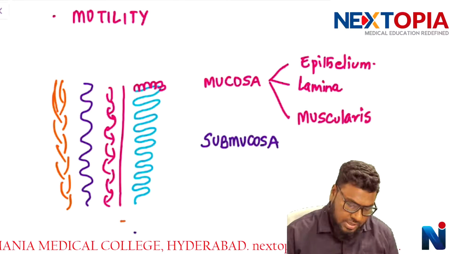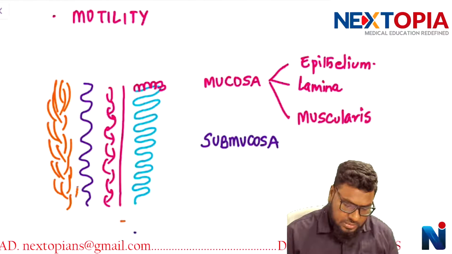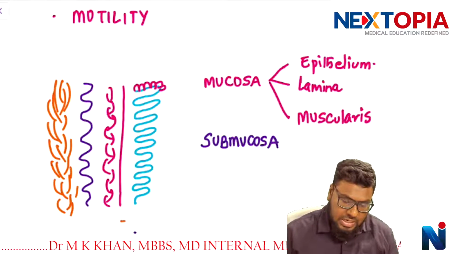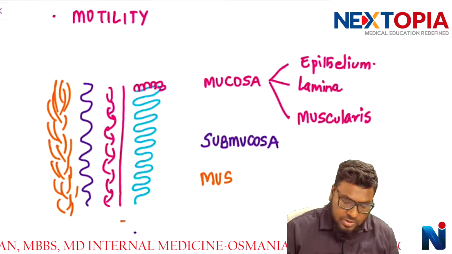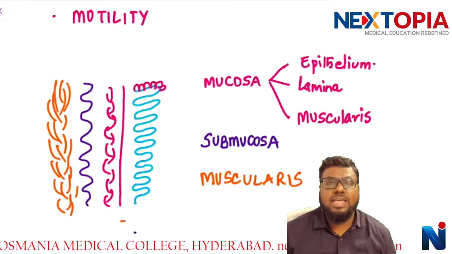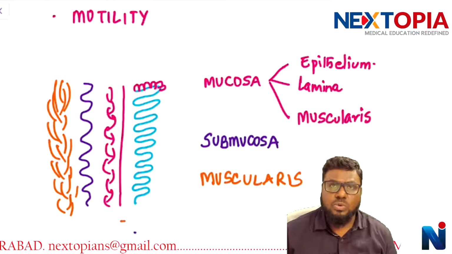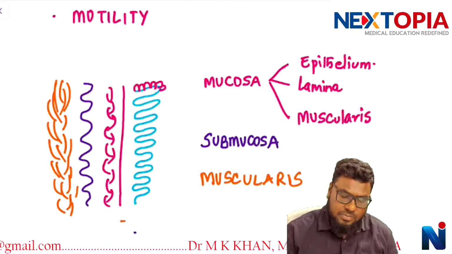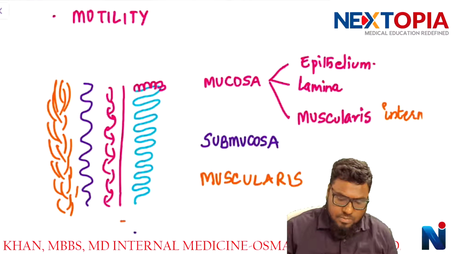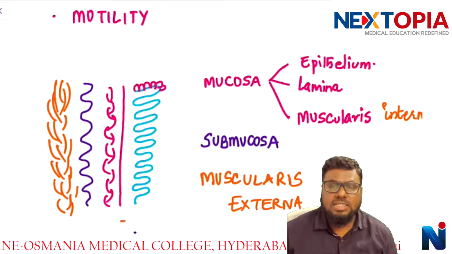So we have got two important muscle layers here. The muscle layer in the mucosa, we call it muscularis. The muscle layer outside the submucosa, we are still calling it muscularis. So to differentiate these two, one is muscularis interna and another is muscularis externa. And I hope it's very easy for you to label which is interna and which is externa. Externa is external.